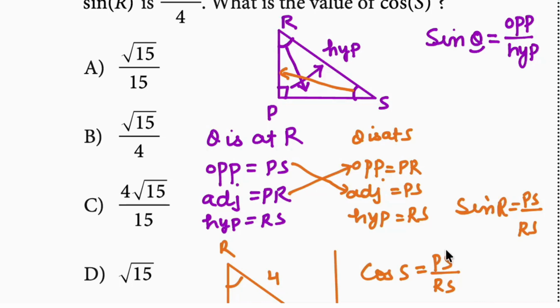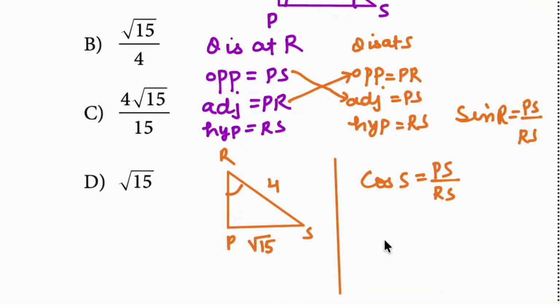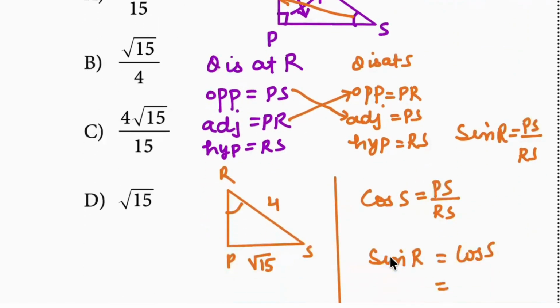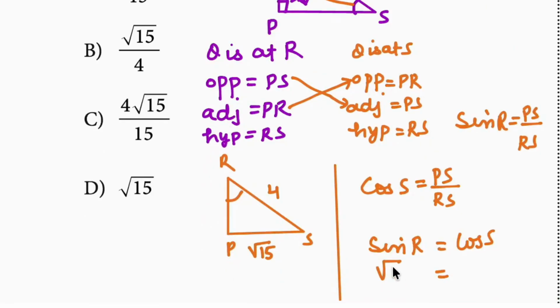So these two are the same. That means whatever is the value of sine R is the value of cos S. If you realize this first or you have learned this property, you will not try to use Pythagoras here. You will strictly go with the property, and whatever the value of sine of R, which is root 15 by 4, it will be the same as cos of S. So that means B is the right option.